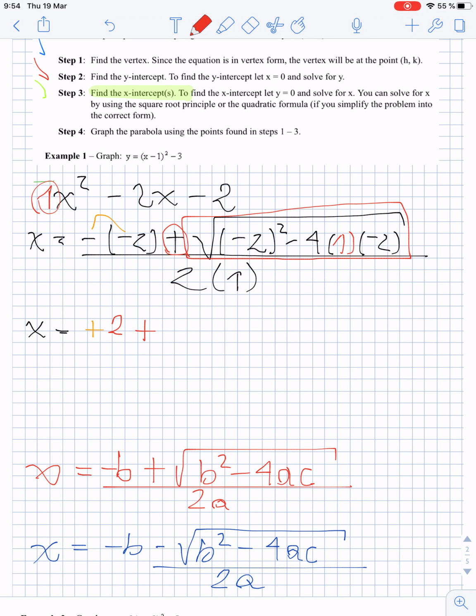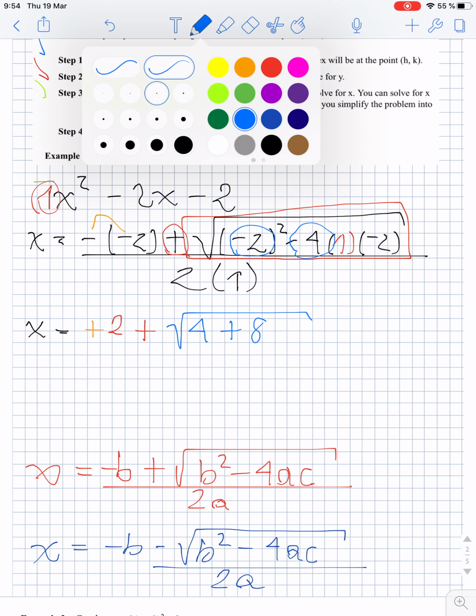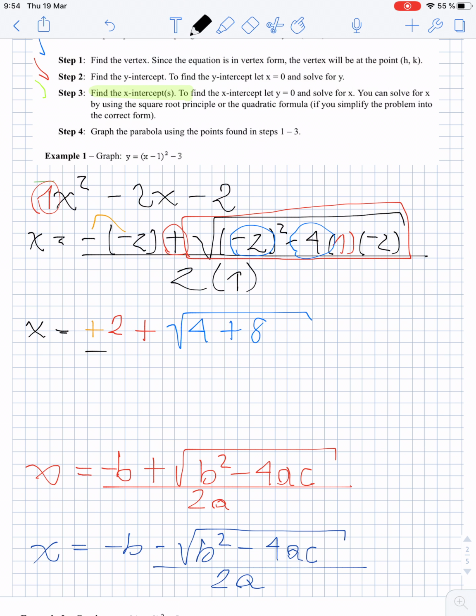Now solve the square root. How to solve the square root? Minus 2 to the power of 2 is equal to 4. Now minus 4 times 1 is minus 4. Minus 4 times minus 2 is plus 8. Then we will have this. 2 times 1 is 2.